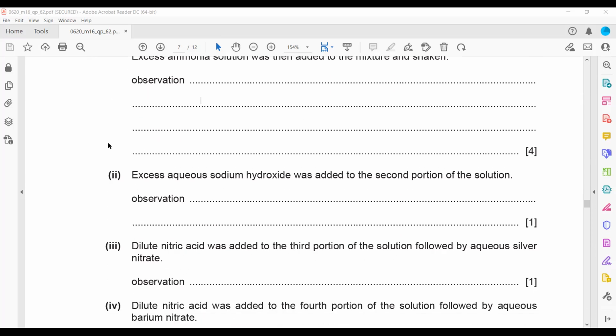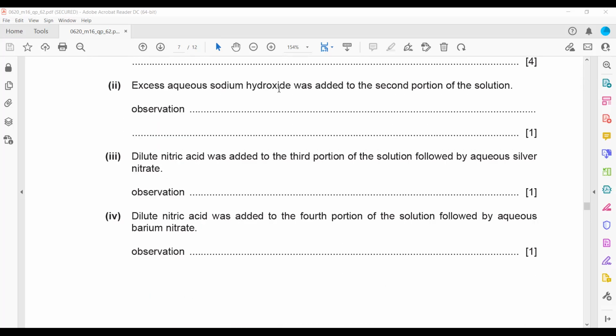Then the second portion, we are adding excess of sodium hydroxide. So we have a copper salt, as we know, there is a copper ion and there's a chloride ion. And now what we are doing, we are adding sodium hydroxide. So whenever we add sodium hydroxide to a copper salt, what is the result?